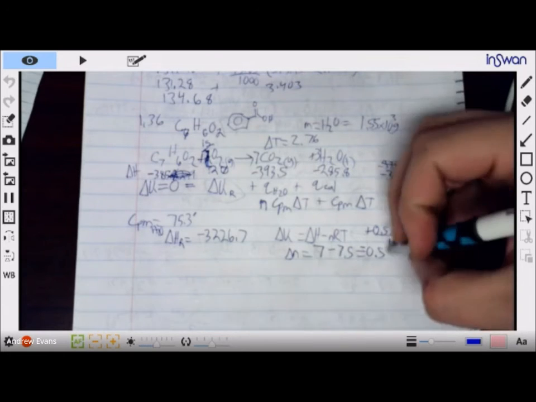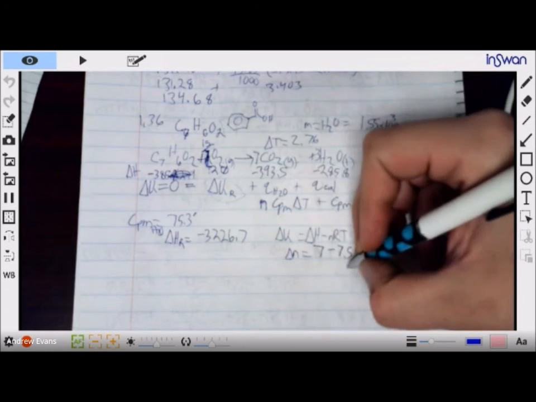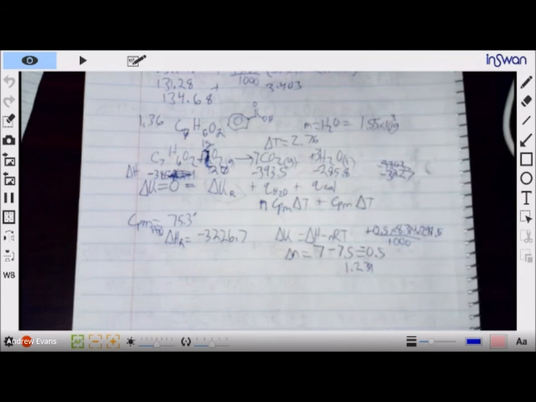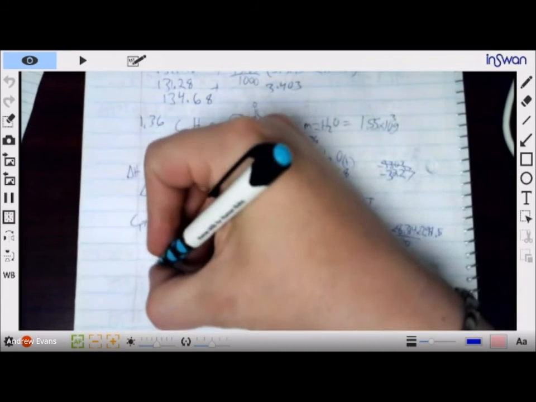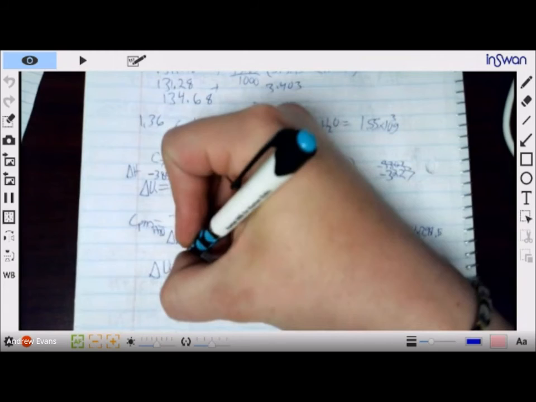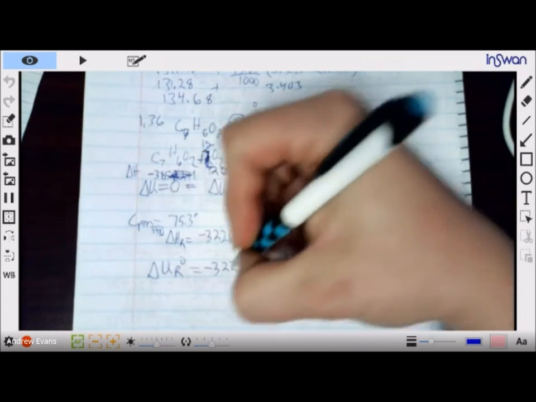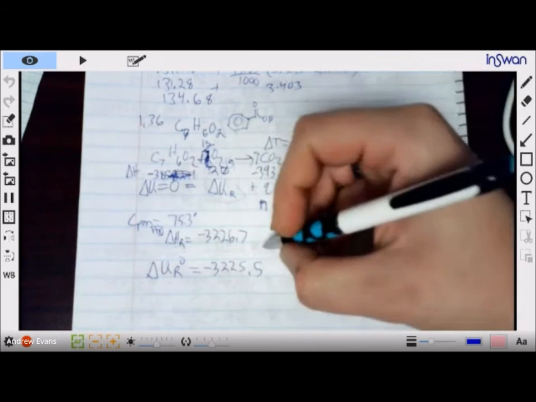has a slight modification of 1.239. Adding that to our negative 3,226.7, our delta U becomes negative 3,225.5.